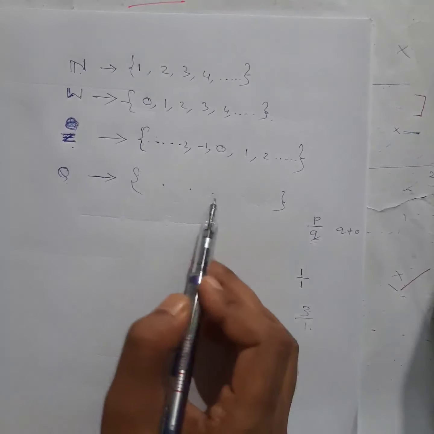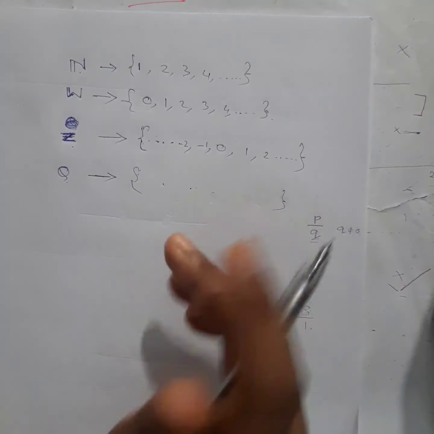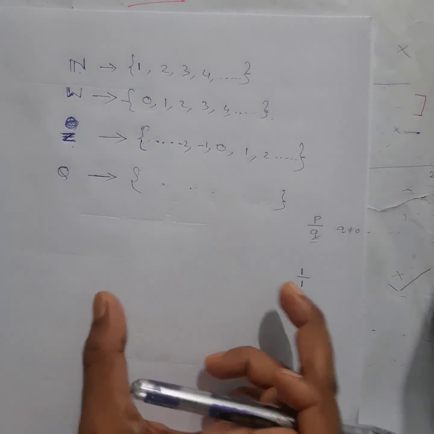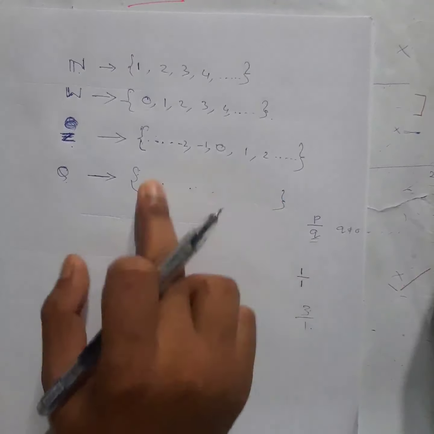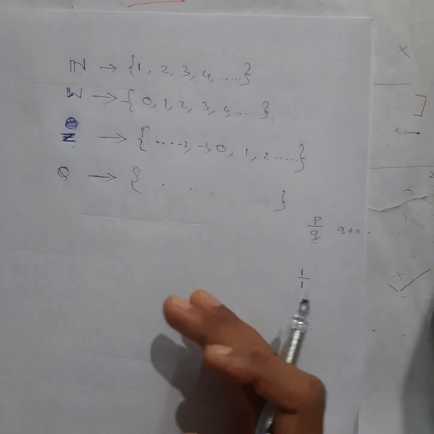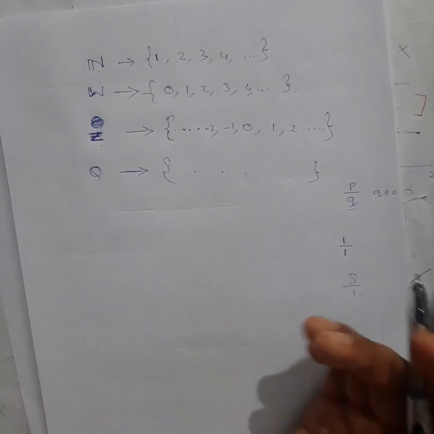Now in this case, there are infinite numbers, and you cannot write them all down exactly. That's why we have studied roster form as well as set builder form. The one which we cannot list, we can write in property form, or you can say in general form, right? That is your set builder form.